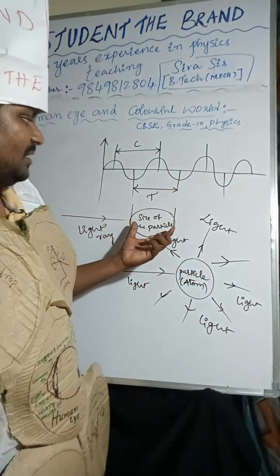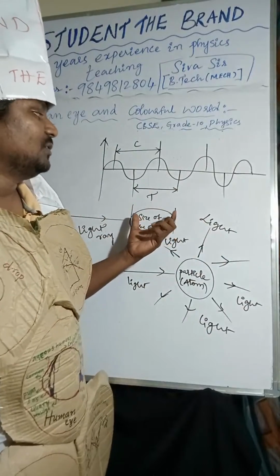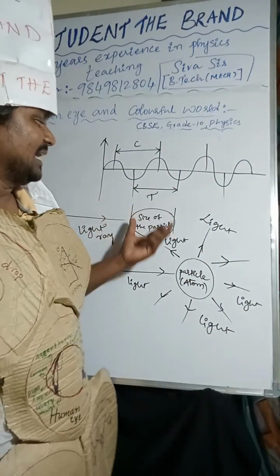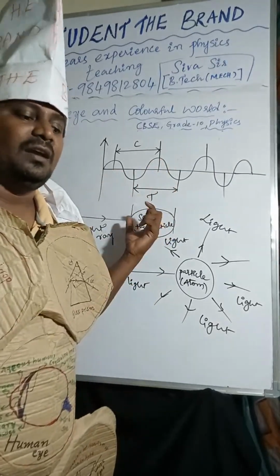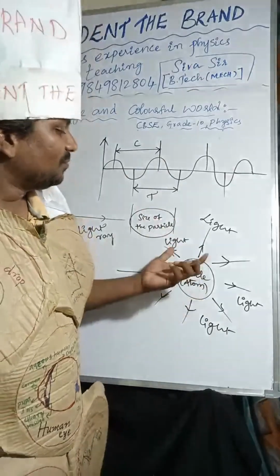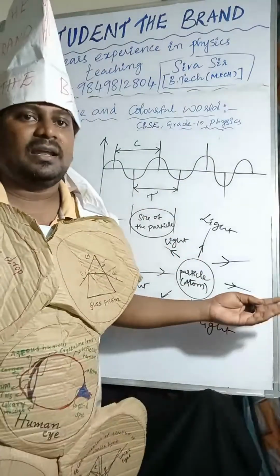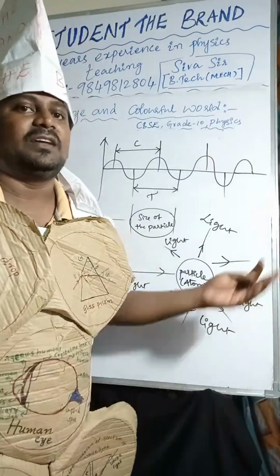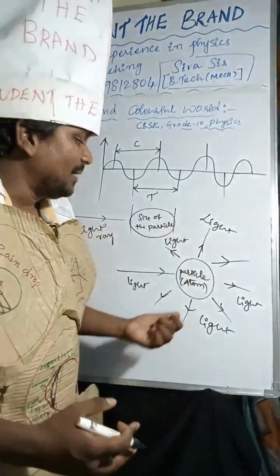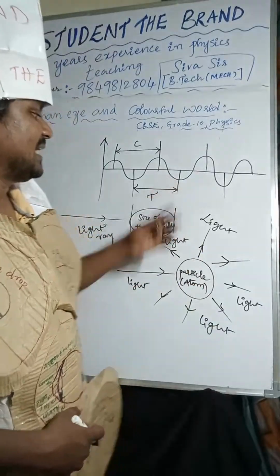Whatever light is incident on the particle will be absorbed when the size of the particle is comparable to the wavelength of the light incident on it. Then that light ray will scatter in all directions with a different intensity. So this is known as scattering of light.